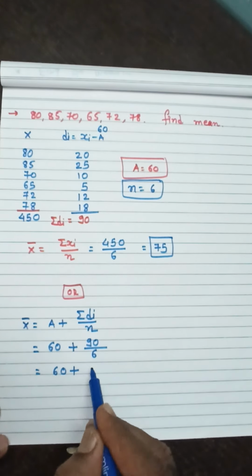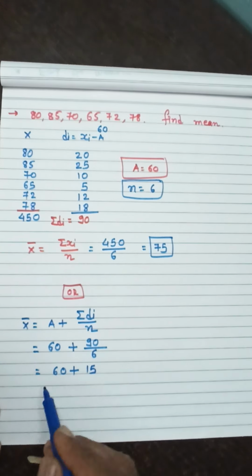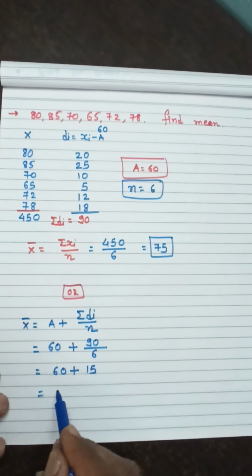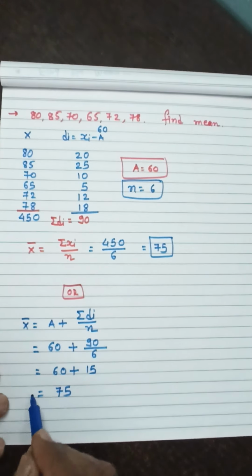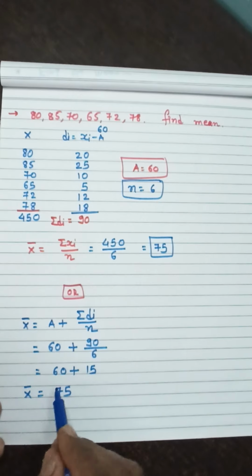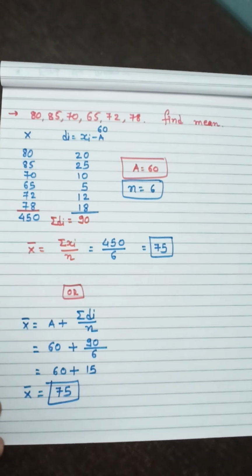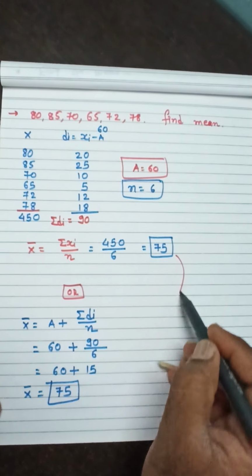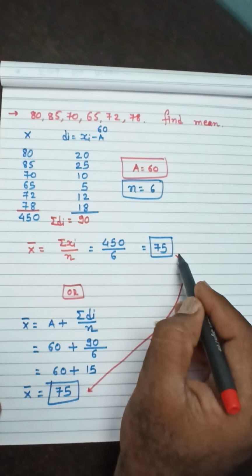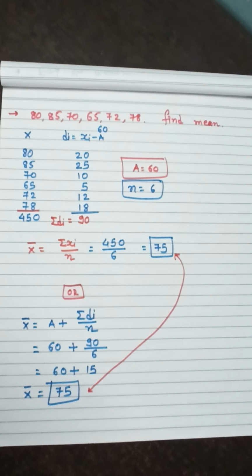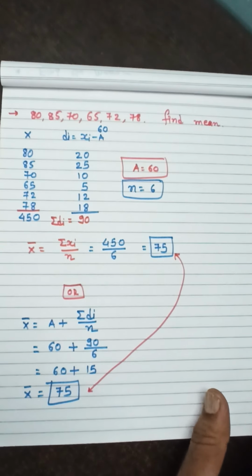So 15. So 60 plus 15, the answer will be 75. Done. By using any formula, if we are not making any mistake, then the answer will be same. Okay. Next.